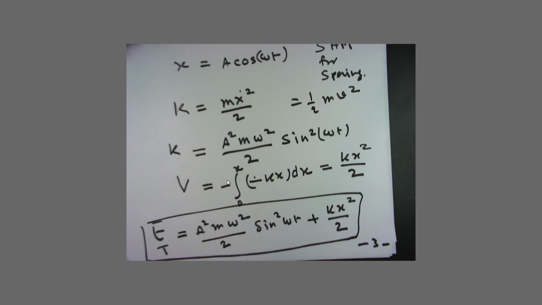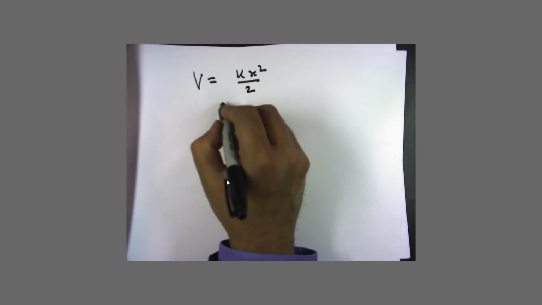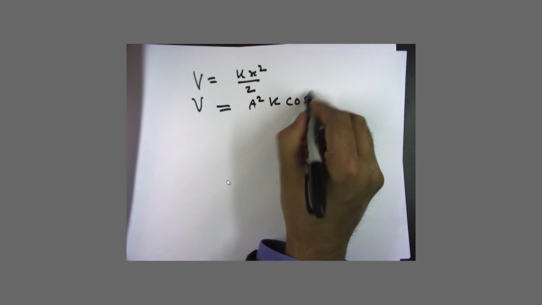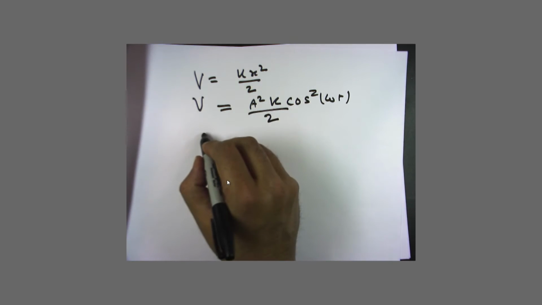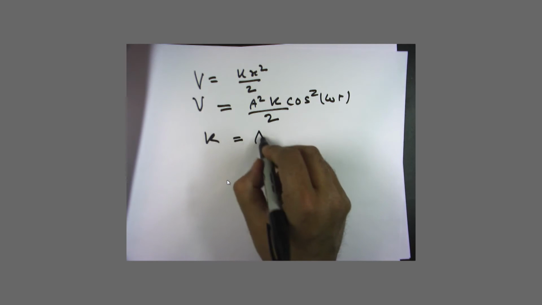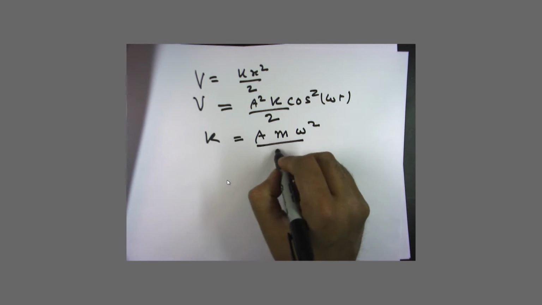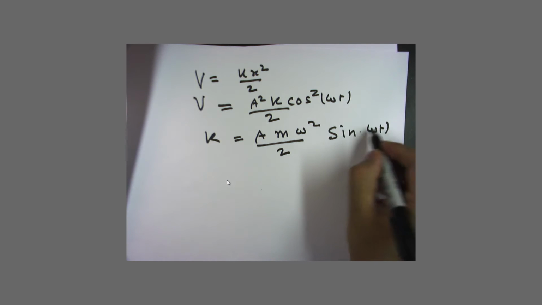Now, with this understanding, we are able to look at the behavior of the two terms. We are looking at V, which is equal to kx square by 2, that becomes V is equal to a square k cos square omega t by 2, and the kinetic energy is a square m, which is the mass, omega square by 2, which is a constant term, times sine square omega t.